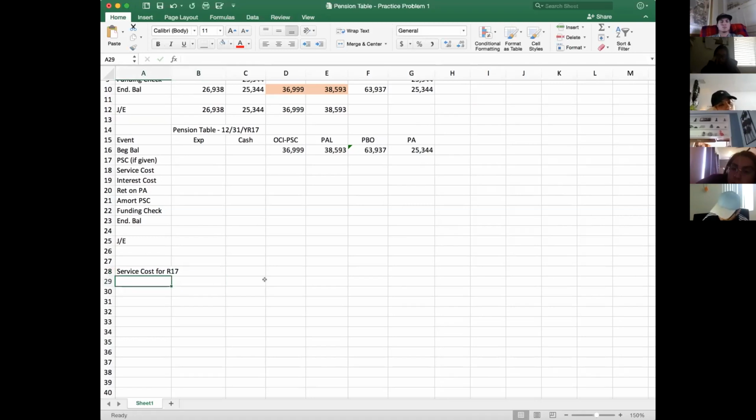Service cost for year 17. Pension check. Is it still 2%? 2%.